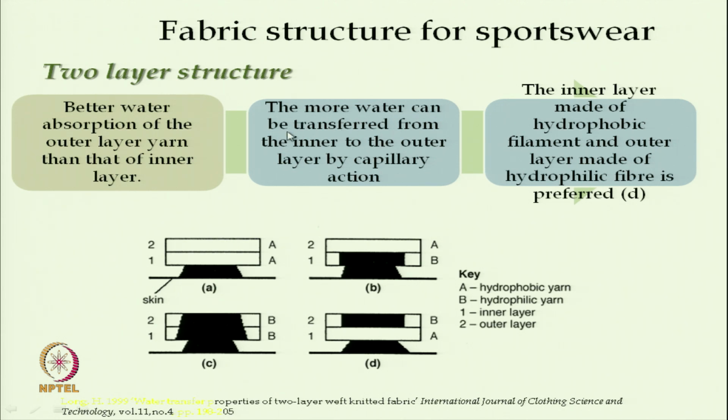The more water can be transferred from the inner layer to the outer layer by capillary action. Because the inner layer is a hydrophobic polymer, where we need capillary flow, it does not absorb, but after the water has flowed through capillary flow, the hydrophilic layer B, which is the outer layer, will absorb it and from there the water will get evaporated.